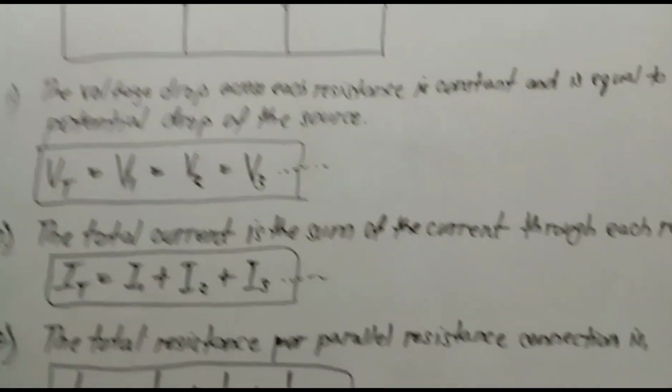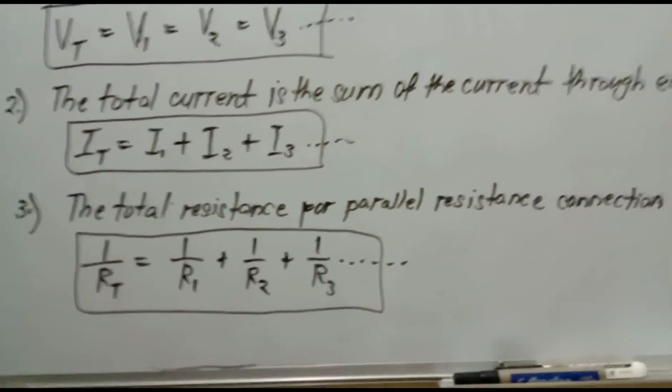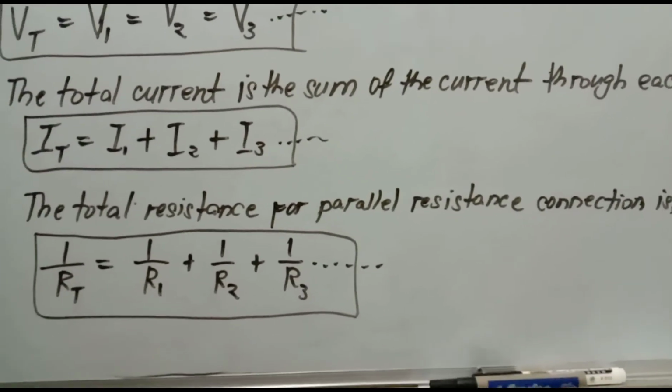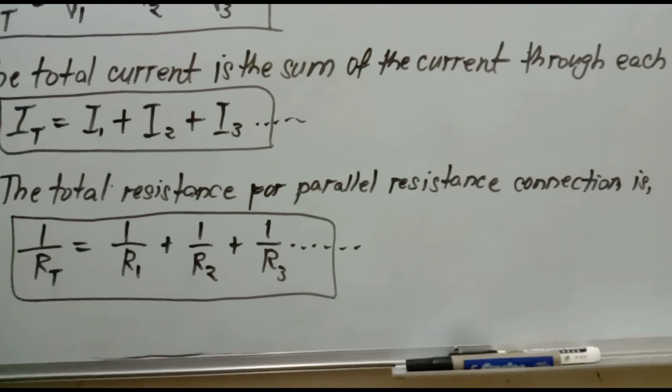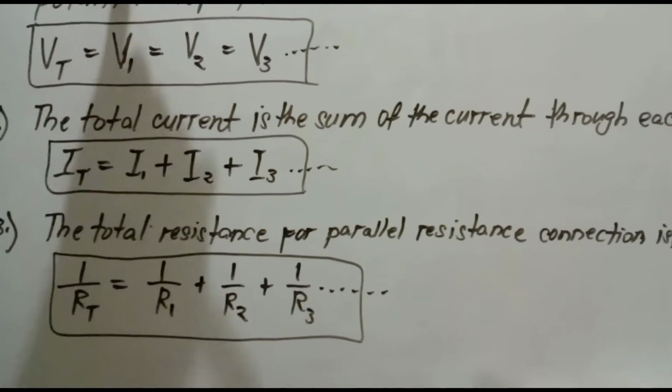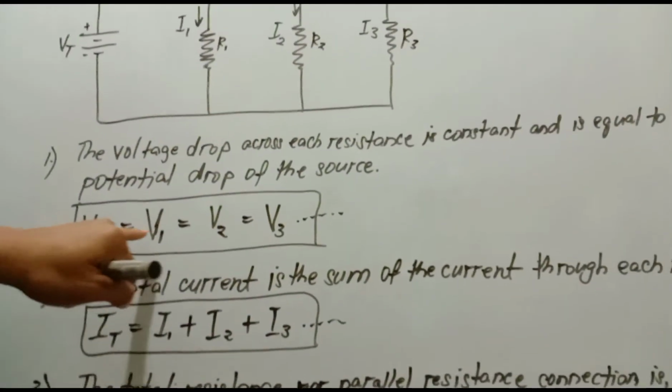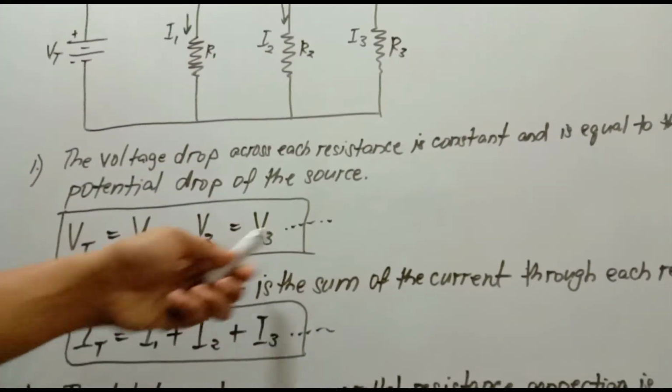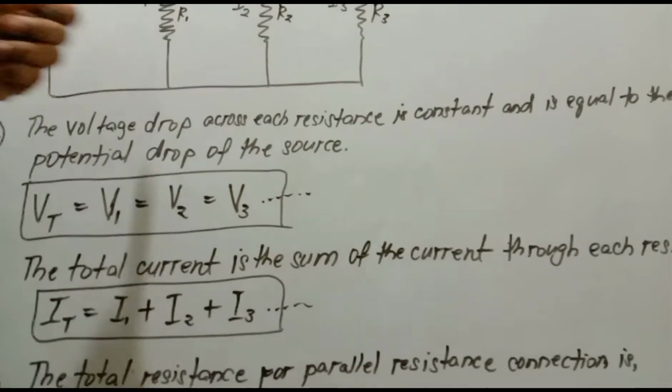So these are the basic properties on how to solve for the total voltage, or voltage drop across each resistance, for parallel connection, where V1 is equal to V2 is equal to V3, which is also equal to the total source.